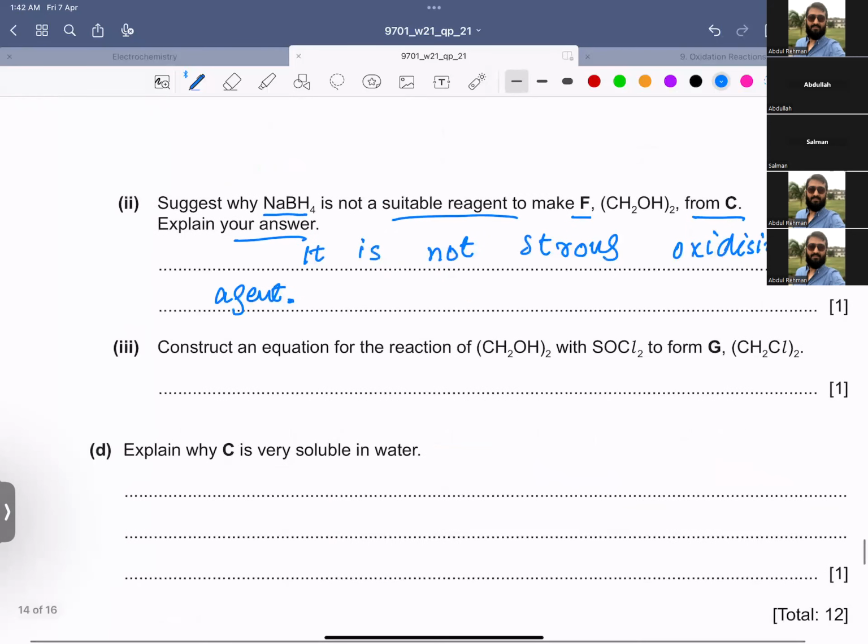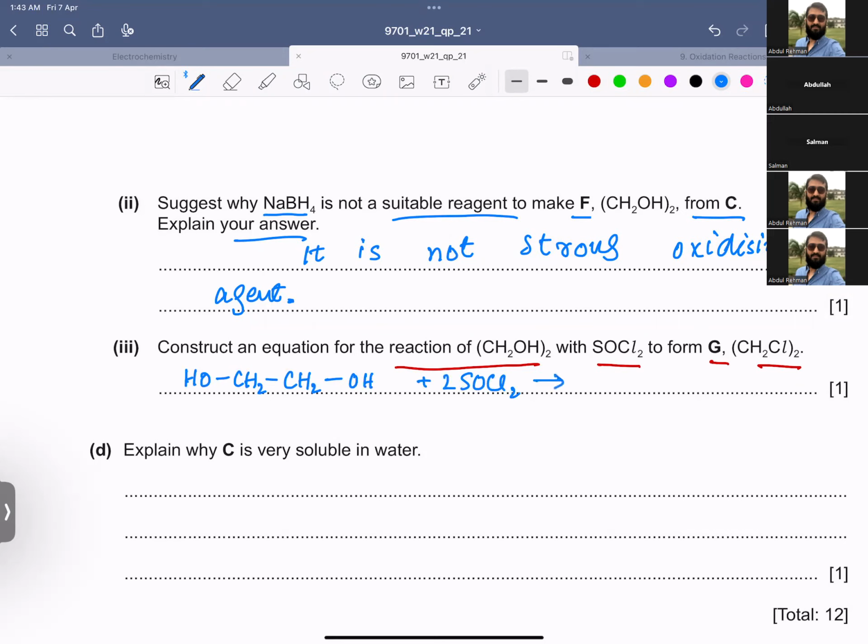Okay. Now next part, construct an equation for the reaction of CH2OH twice with SOCl2 to form G. Okay, that is the reaction that we have studied in nucleophilic substitution of alcohol. So CH2OH twice is actually this. There is an OH bonded to CH2, and that is bonded to another CH2 and has an OH. So if I treat with SOCl2, I need two SOCl2, and what would happen?